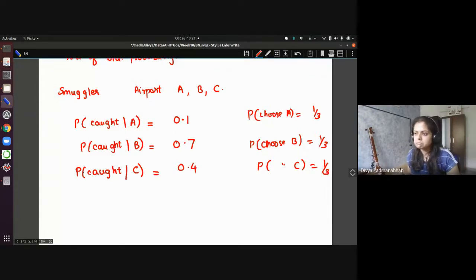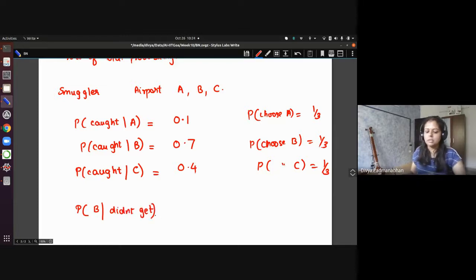Now let's try to estimate the probability that he took airport B, given that he didn't get caught. So what is the chance that he took airport B, given that he didn't get caught? How would you compute this?